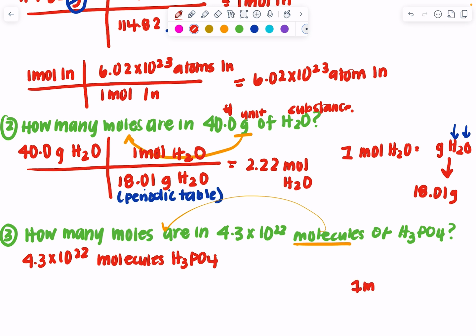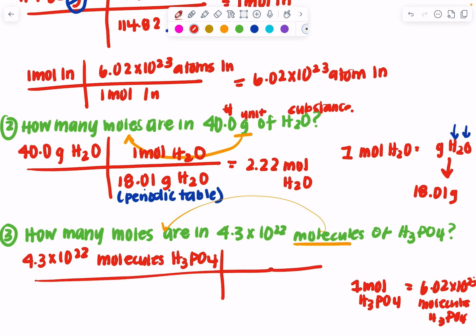However, we know that 1 mole of H3PO4 equals 6.02 times 10 to the 23rd. This is covalent, so molecules of H3PO4. Again, 1 mole of anything equals 6.02 times 10 to the 23rd of anything. So we're going to put 6.02 times 10 to the 23rd molecules of H3PO4 is equal to 1 mole of H3PO4.